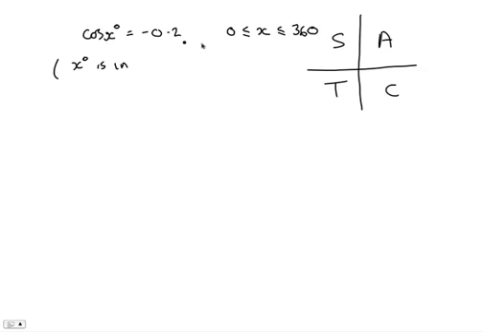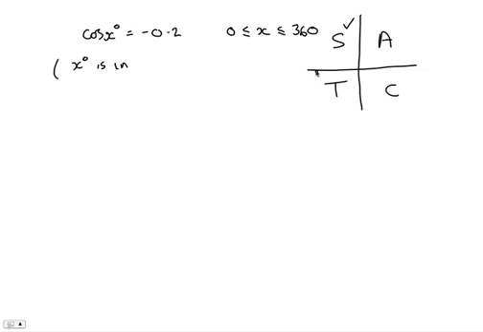That's no good. Second quadrant, between 90 and 180, only the sine is positive, the cosine and tangent are negative, and we do want the cosine being negative, so that's a quadrant that x degrees could be in.